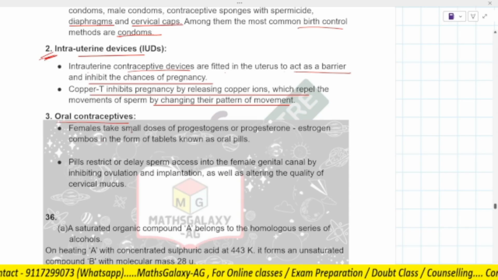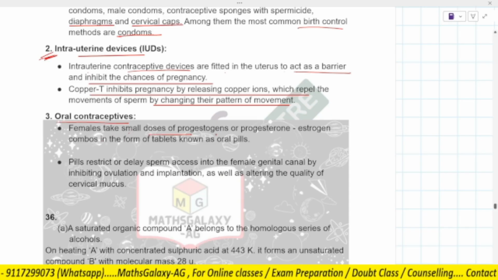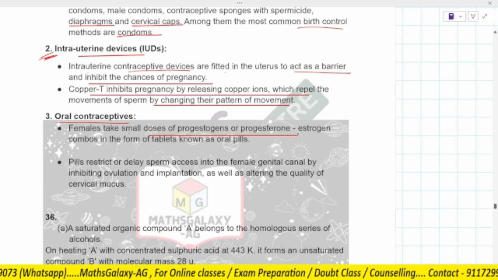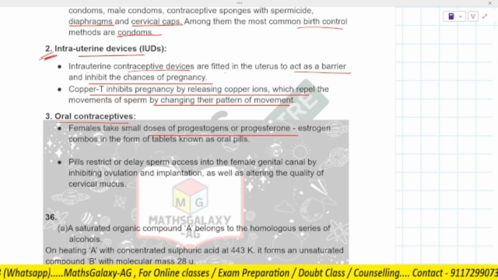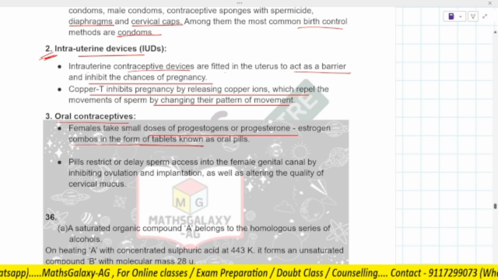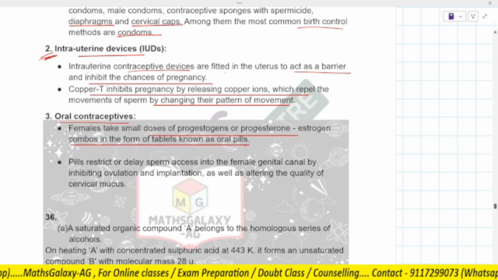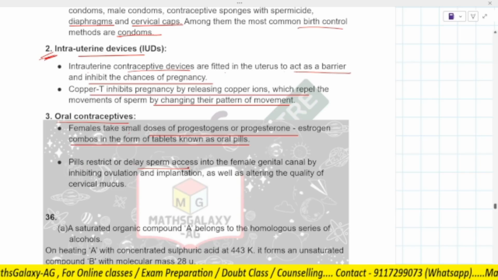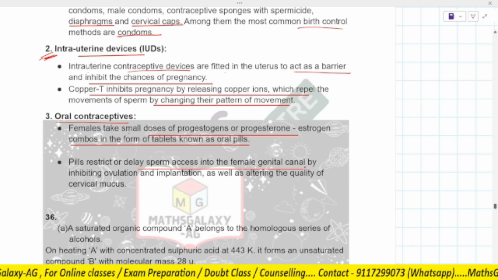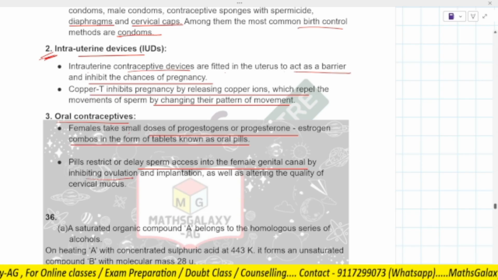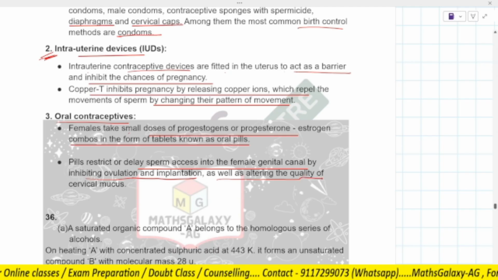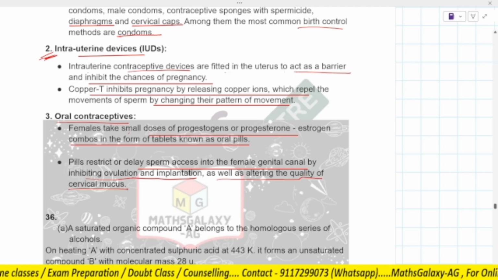Females take small doses of progestogens or progesterone and estrogen combinations in the form of tablets known as oral pills. Pills restrict or delay sperm access in the female genital canal by inhibiting ovulation and implantation as well as altering the quality of the cervical mucus.